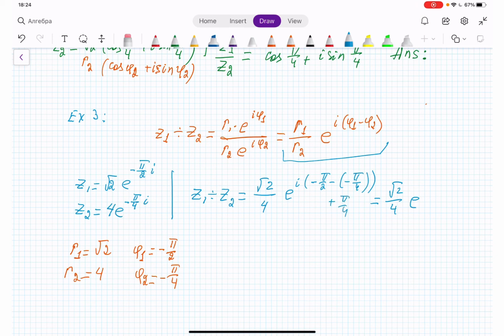So it's going to be negative pi over 4 times I. Okay, so this is going to be our answer for z1 divided by z2: square root 2 over 4 e to power negative pi over 4 I. So this is the answer.